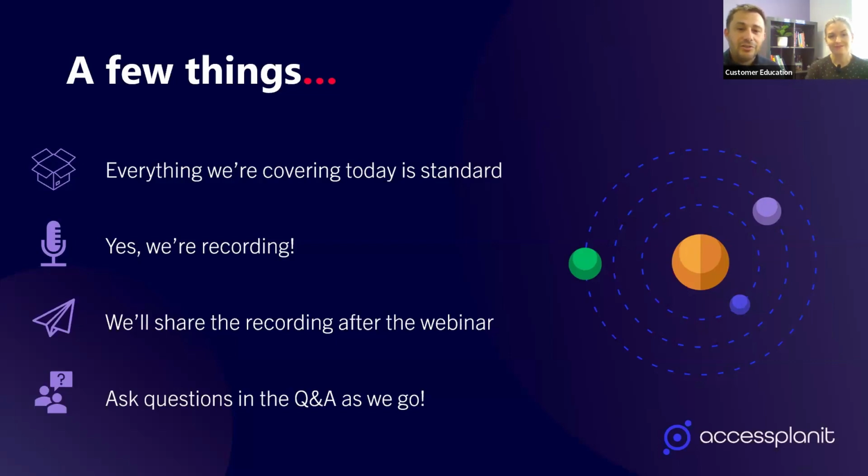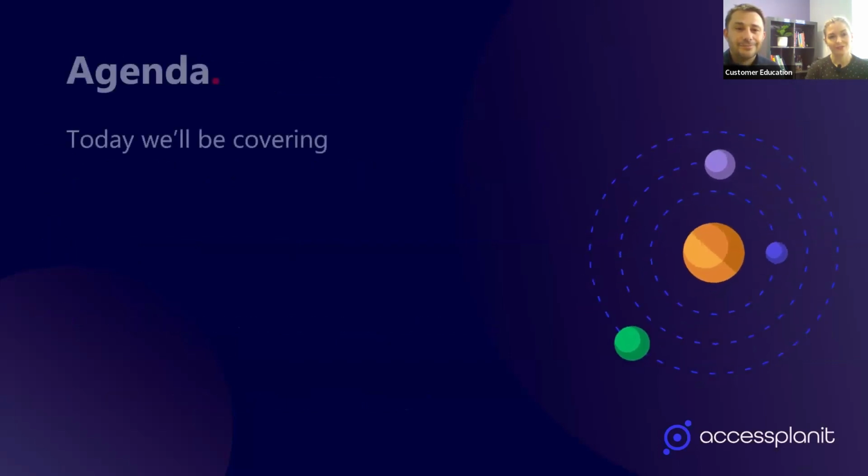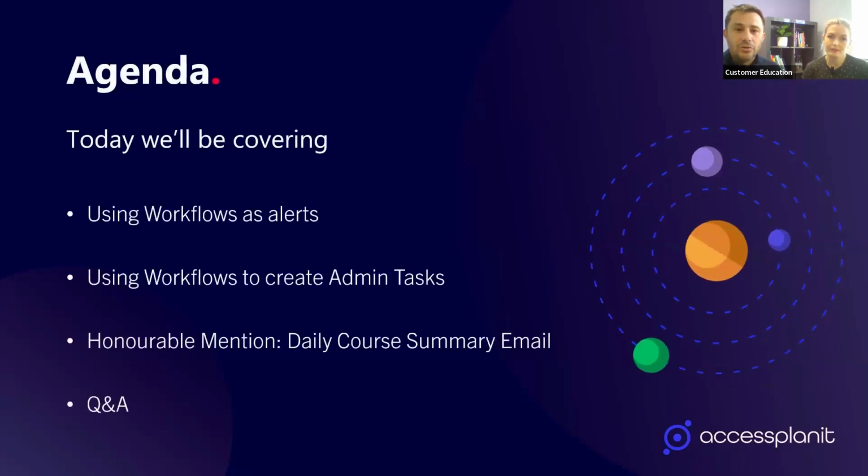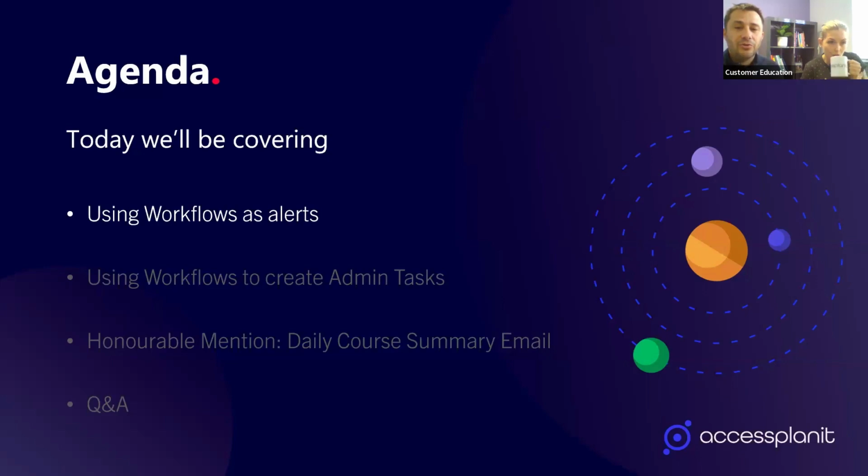Let's have a look at our agenda for today. We're going to look at 3 areas to find out how workflows can help our productivity. First of all, how you can use workflows to send your team alerts when something is wrong, or ideally before something goes wrong.